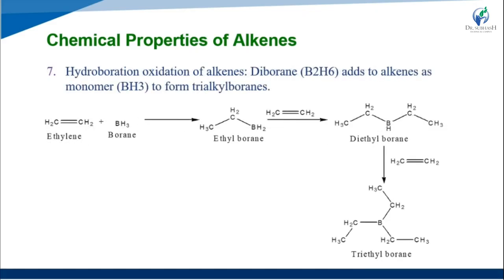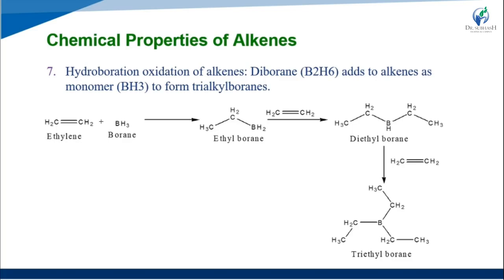Now the seventh method, that is hydroboration oxidation of alkenes. Here first we take diborane, then add alkenes, making the trialkyl borane, which has 3 alkyl groups.